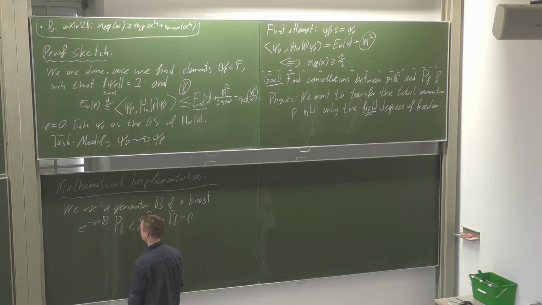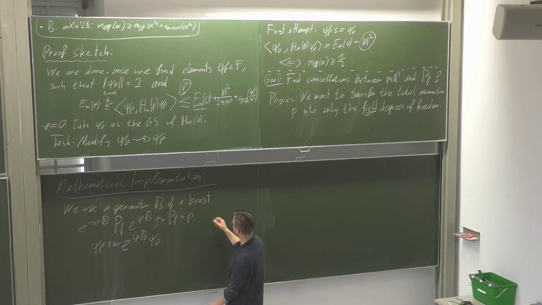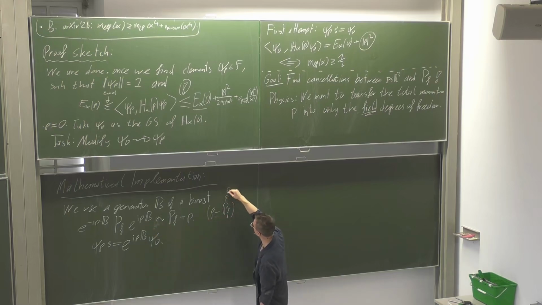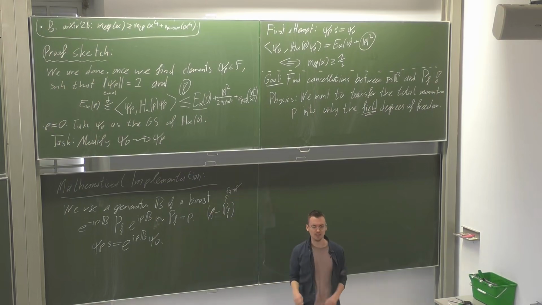Okay, and then what you do is you simply define psi of P as this boost operator applied to psi 0. And what you see is that, right, so this is the thing we want to get rid of, but if you now apply the boost operator, you shift this to P_F plus P, so you see exactly these two P's cancel each other, and you have got rid of the annoying P squared, which has no alpha^4 scaling.